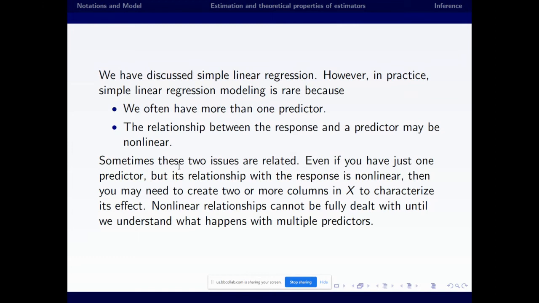So we would like to talk about multiple linear regression, in which we model the response by multiple predictors. This is very important theoretically and also practically.